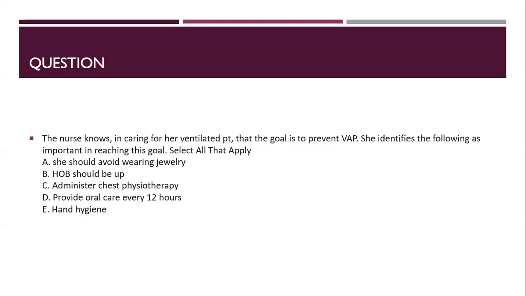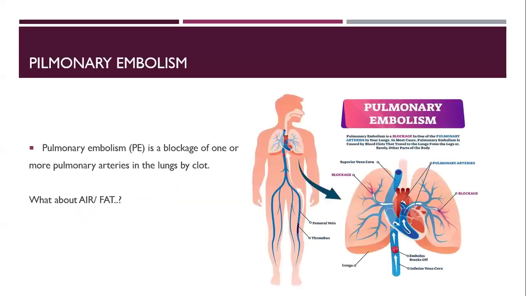The nurse knows that in caring for a ventilator patient, the goal is to prevent VAP. She identifies the following as important in reaching this goal. If you want to prevent it, you avoid lowering the head of the bed. All right, I understand, A and B. Okay, that is it.